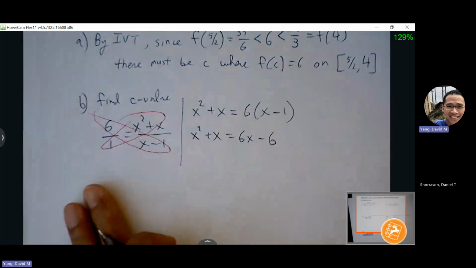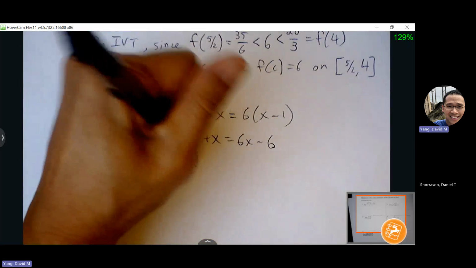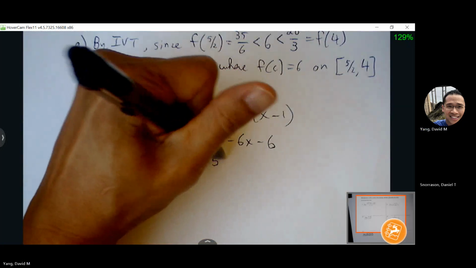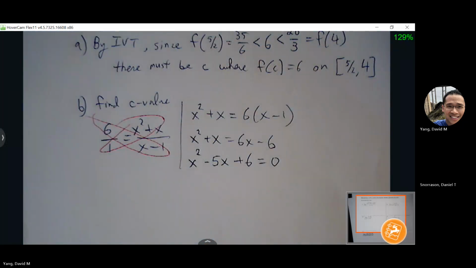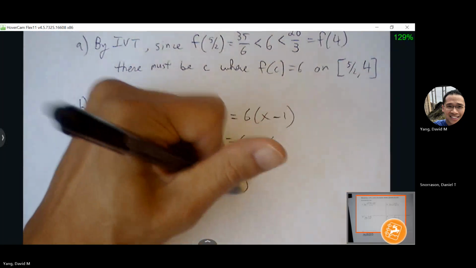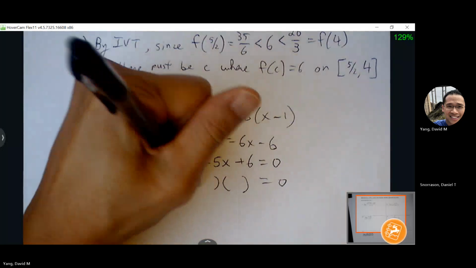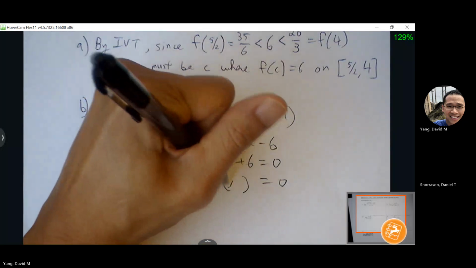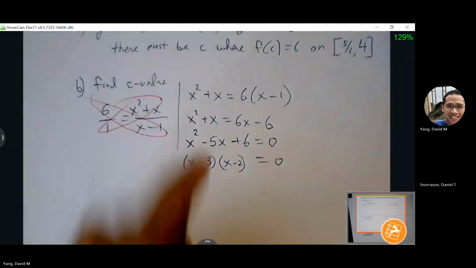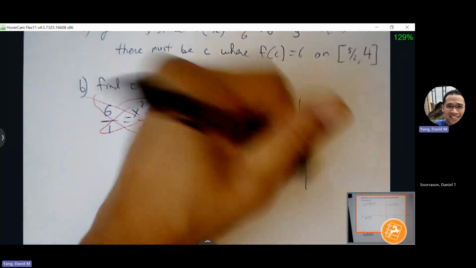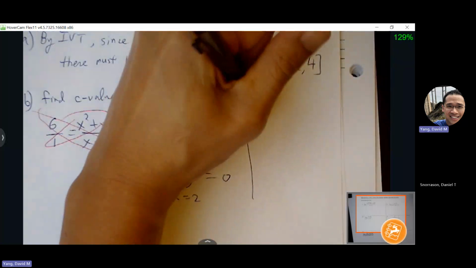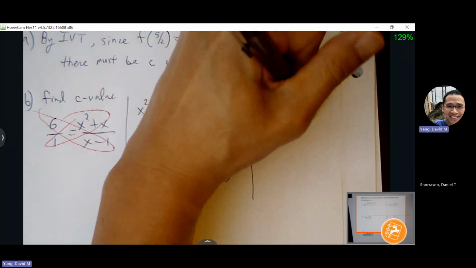We've got to bring everything over to one side and go through our factoring steps. So we have two candidates for c values, c equals 2 and c equals 3.